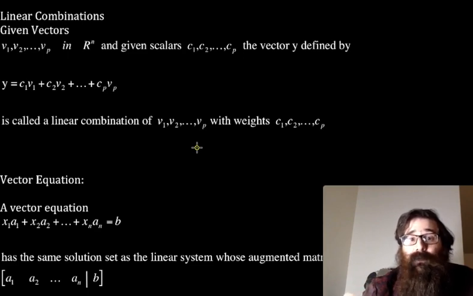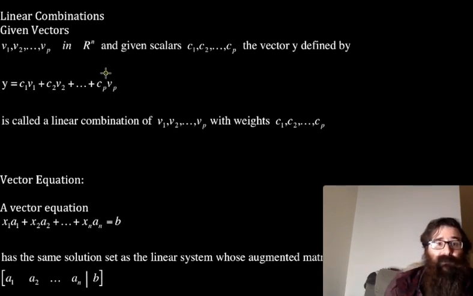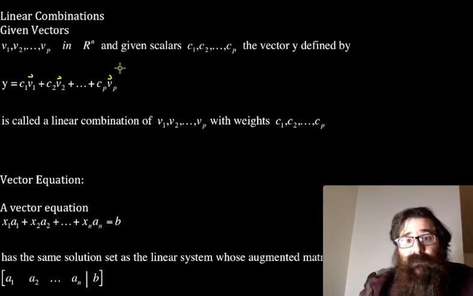We call this the linear combination of the vectors v1, v2, so on and so forth to v sub p, with the weights, the scalar weights, c sub 1, c sub 2, so on and so forth to c sub p. Just to make sure that it's clear, the v's are the vectors, and the c's are the coefficients, the scalar weights.